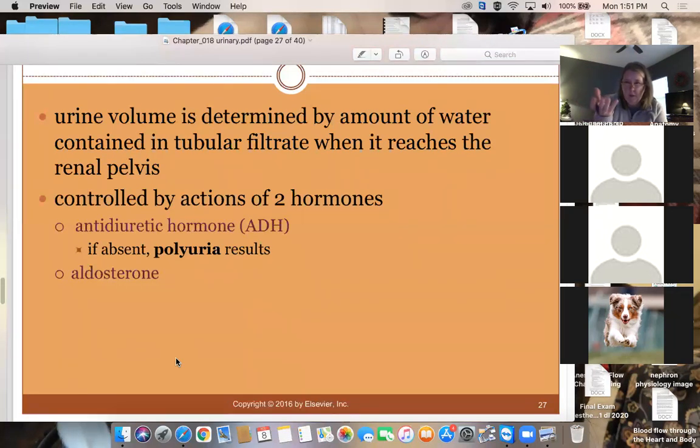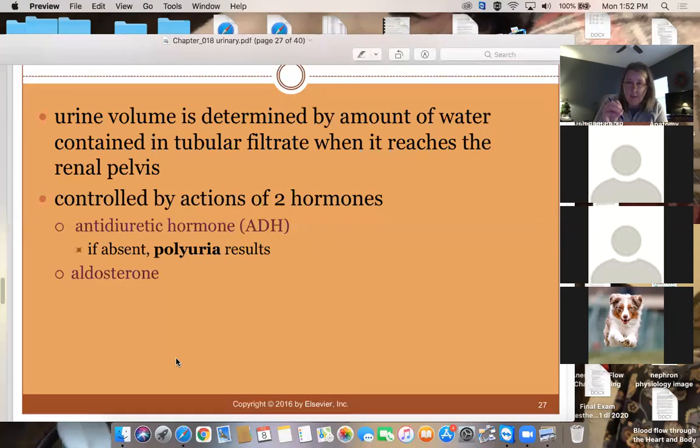The body is going to try to fix minute, almost what I call subclinical dehydration. So if an animal isn't drinking much water and maybe they're slightly dehydrated, the body will release ADH from the brain. It will go to the kidney and it will say, stop or slow down your water being excreted in the urine. It will retain body water in the bloodstream to hopefully raise hydration levels.